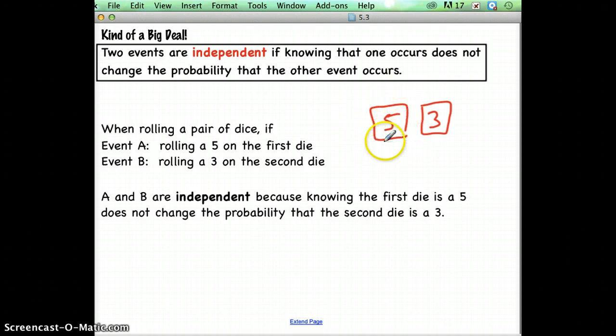What is the probability of rolling a 5? Well, I could get a 1, 2, 3, 4, 5, or 6. The probability of rolling a 5 is 1 out of 6. Now the probability of rolling a 3 on the second die is also 1 out of 6.